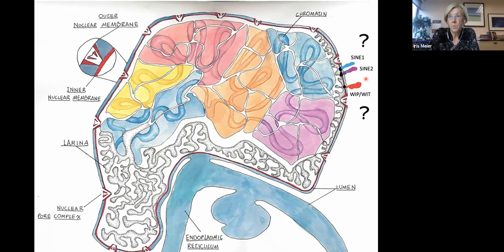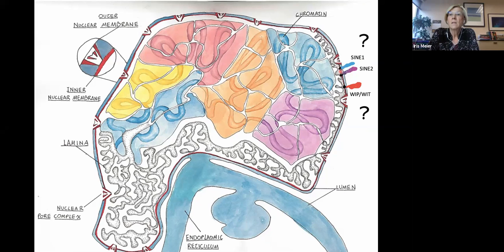And for me, most important is we need to understand by what precise molecular mechanism these molecules are performing these important roles. And that, of course, gets us into understanding what are their protein interaction partners, what is their molecular role, what is the molecular role of the protein interaction partners, how is this all connected.